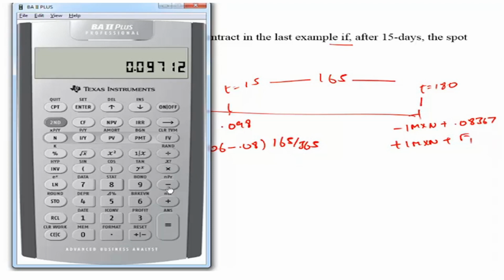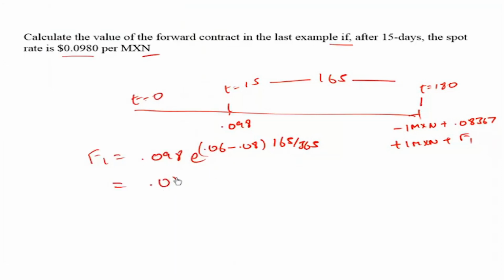So it comes out to be 0.09712. So the value of the new forward is 0.09712.